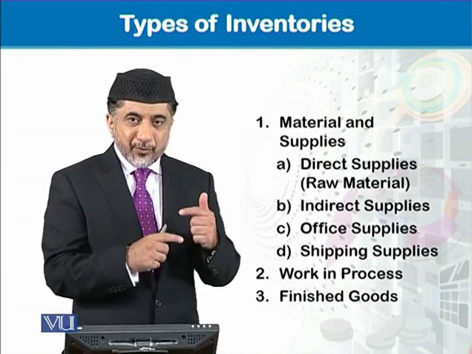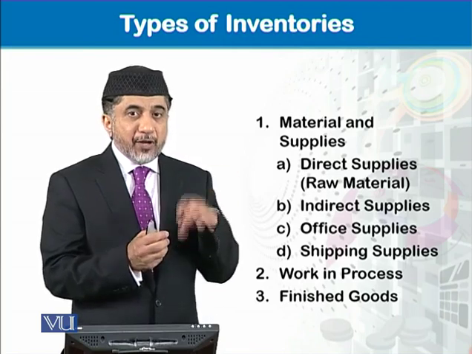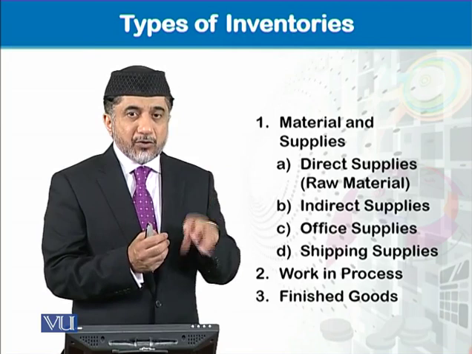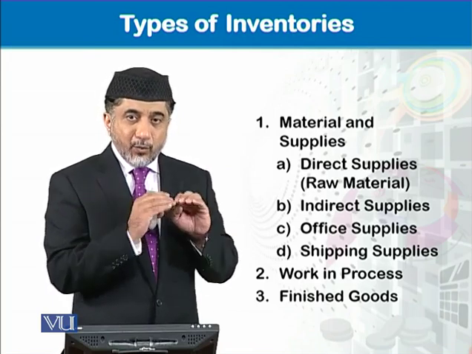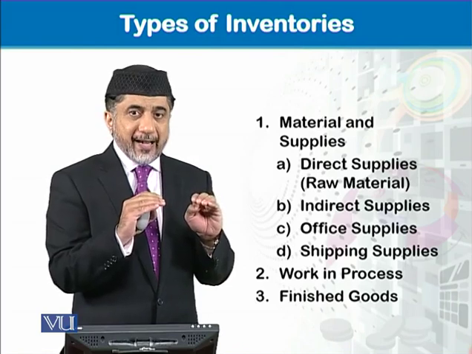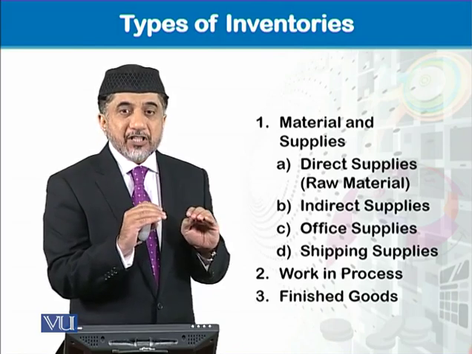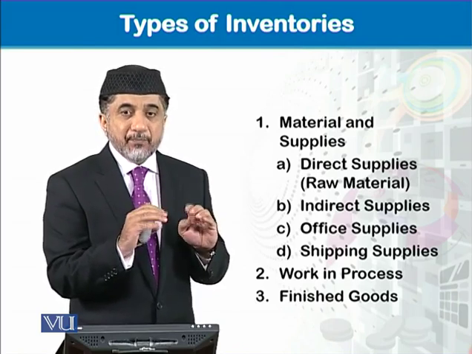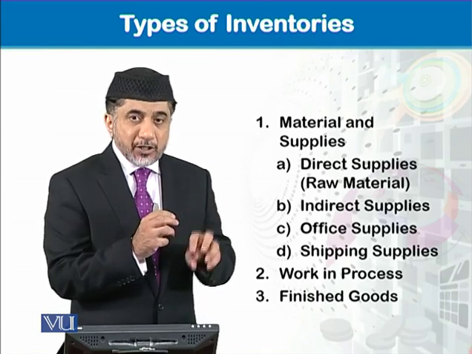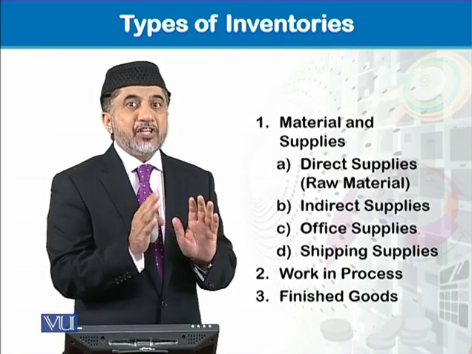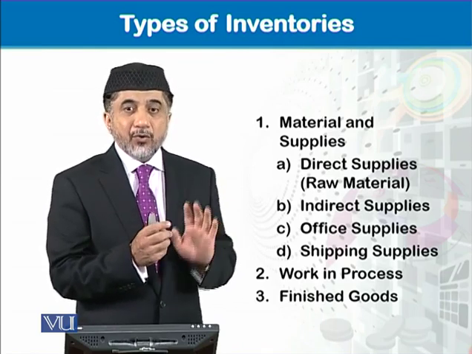Well, the work in process inventory. This is something which we will see in the workshop. In the workshop, we put in all the costs: cost of material, labor, and overhead. When the year ends, there is a chance that at the closing date, all of the material put in process was not converted into finished goods by putting in labor and overhead.